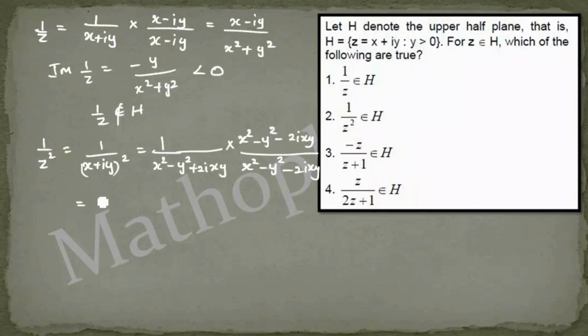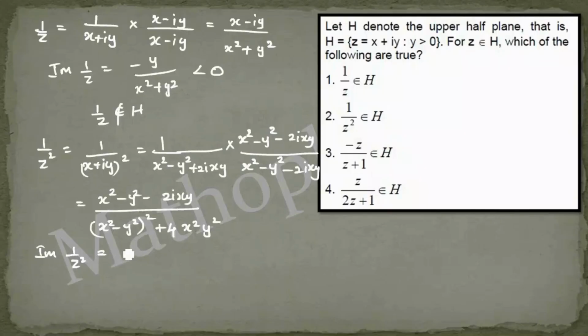So which will be equal to x square minus y square minus 2ixy by x square minus y square whole square plus 4x square y square. So again, imaginary part of 1 by z square will be equal to minus 2xy by x square minus y square whole square plus 4x square y square.